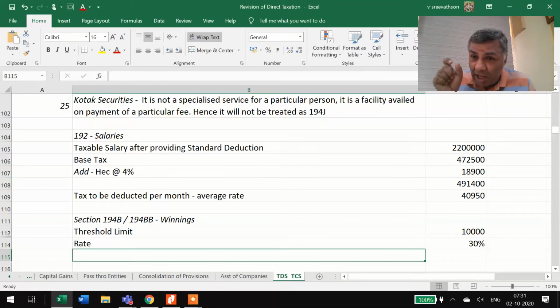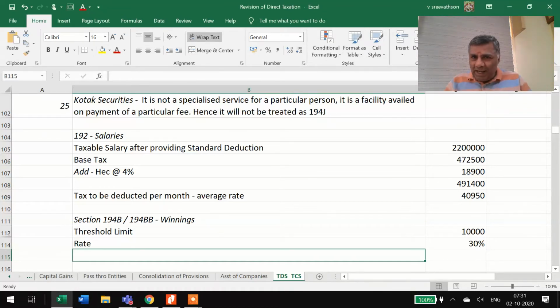Suppose I am winning 1 lakh in one horse race, and in another horse race I am losing 20,000. Set off is not possible. Winnings are taxable only on a gross basis. There is no set off possible for the person who is betting, and no expenses are allowed. So on the 1 lakh, I need to deduct 30%.